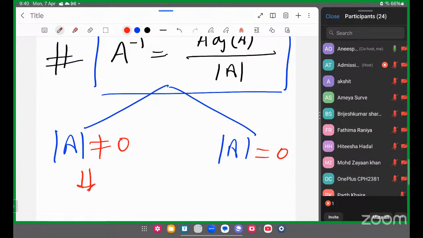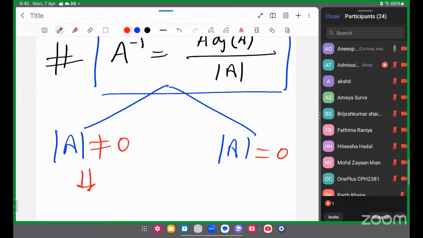By chance, if determinant A is 0, then this will be a matrix multiplied with 1 upon 0. 1 upon 0 will be infinity, and everything will be infinity, which is senseless in the case of a matrix, because a matrix is an arrangement, and an arrangement cannot be infinity.